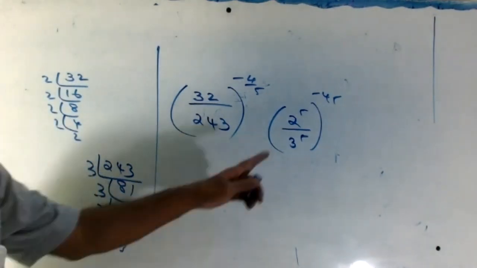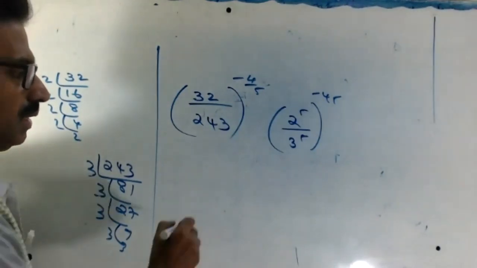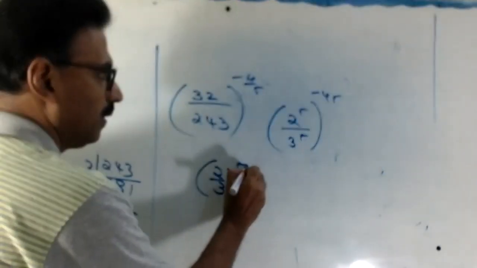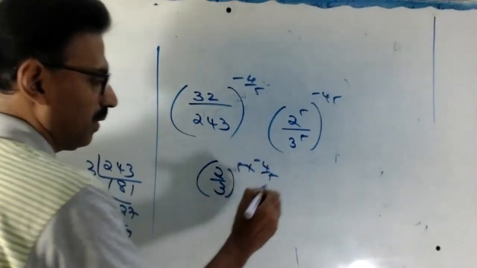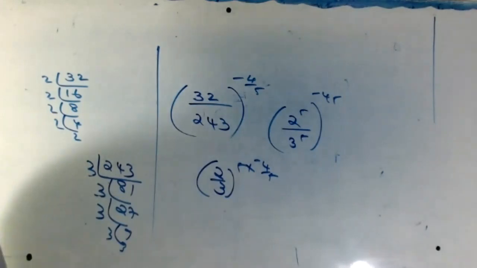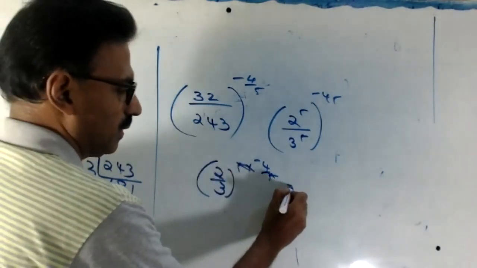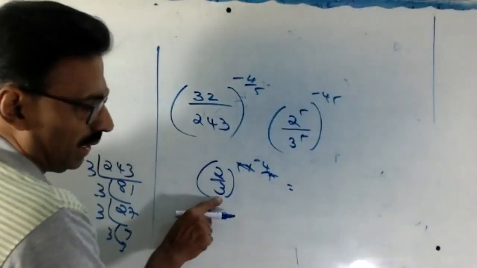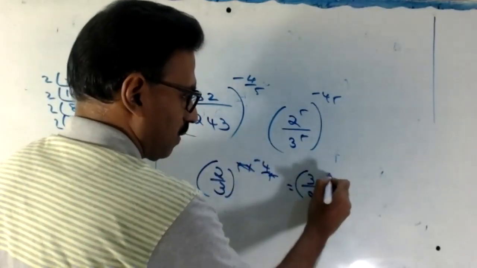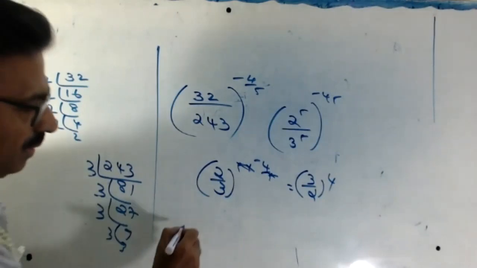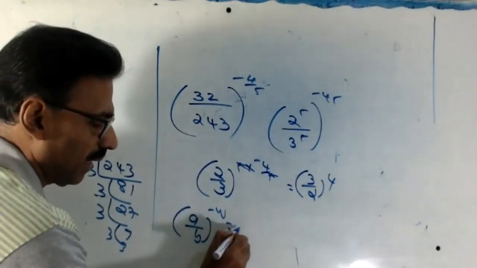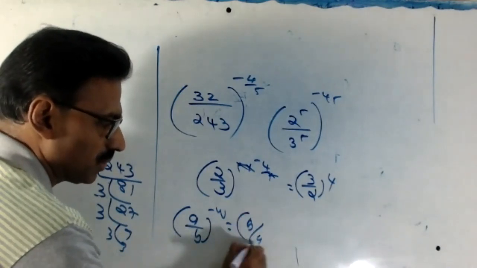Okay. 2 raised to 5 divided by 3 raised to 5. So that means 2 by 3 whole raised to 5 into minus 4 by 5. Most of the questions are like that only. If it is 5, something we can cancel. 5 cancel here. So that is 2 by 3 raised to minus 4. This is what? 3 by 2 raised to 4. Correct or no? Look, a by b raised to minus n, we can write b by a raised to n.